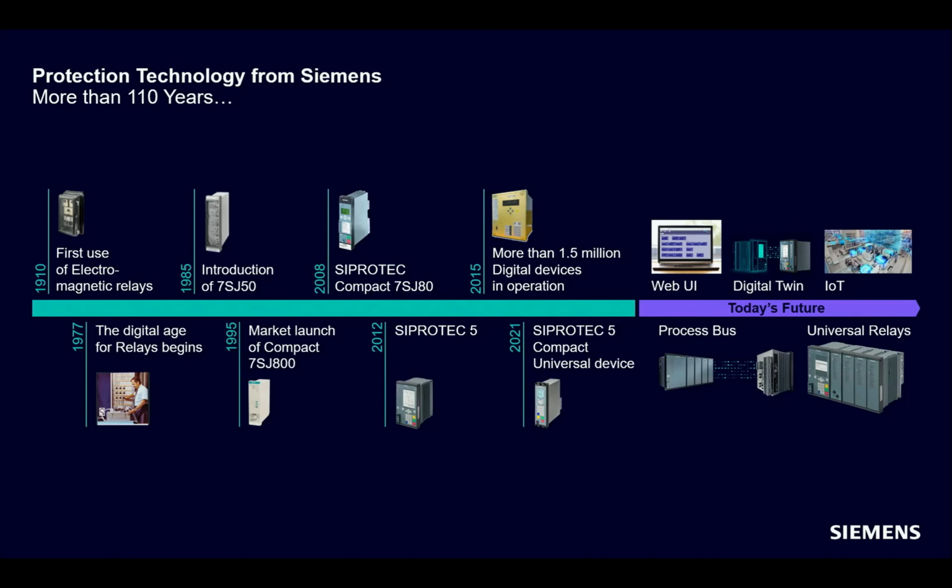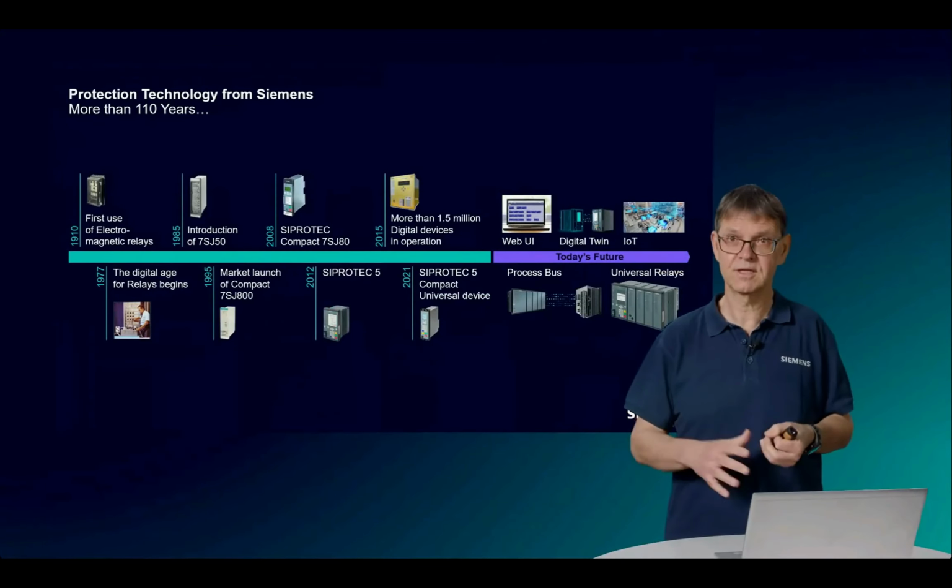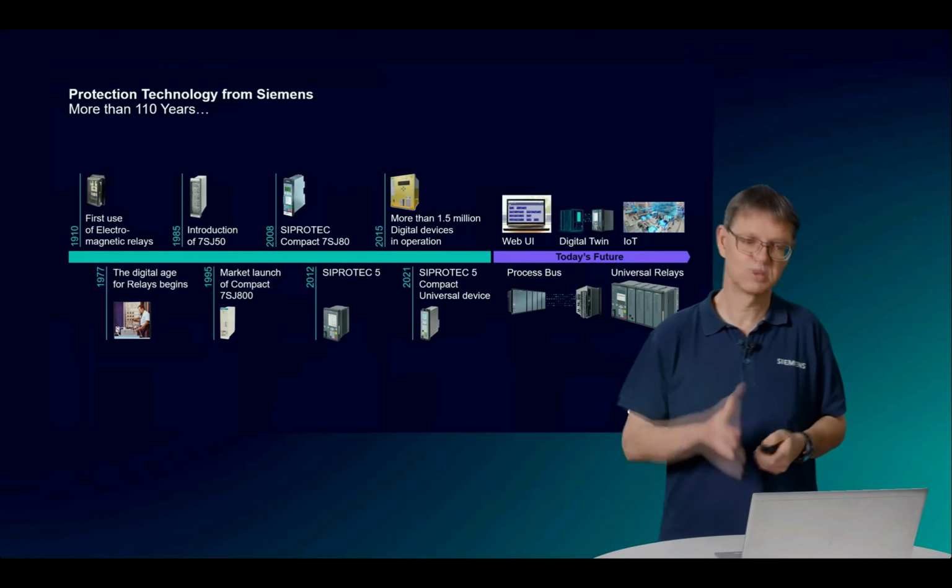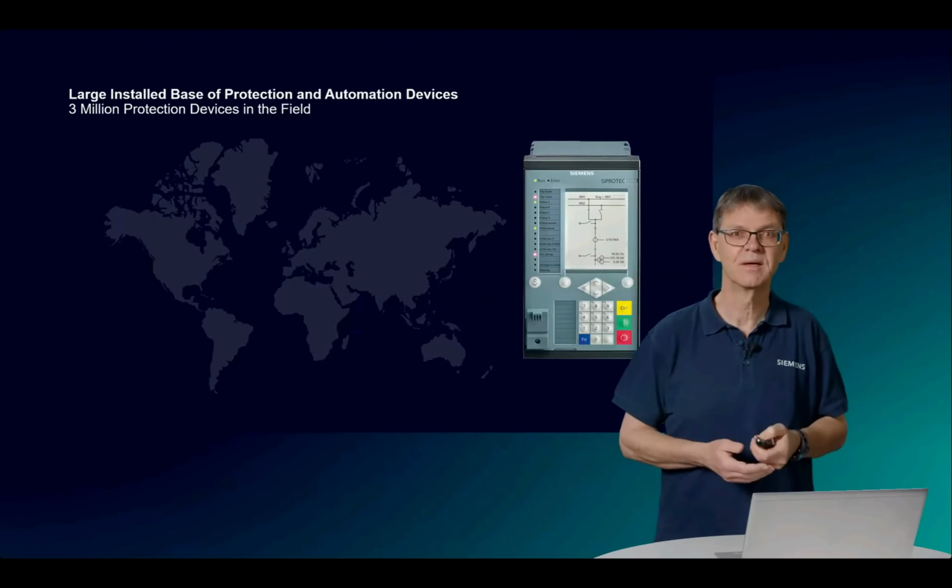So we are working on the future, and the last bigger or more important outcomes was, for example, the process bus, which is totally now part of SIPROTEC 5, or our digital twin, which is a simulation program of our SIPROTEC 5 devices that runs the original software. I will talk about those things later in detail, especially about the digital twin.